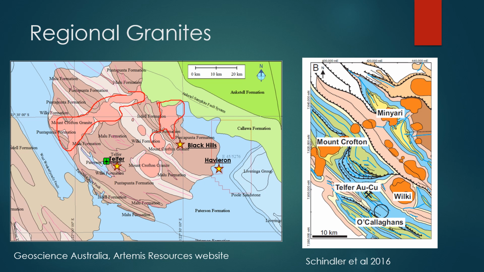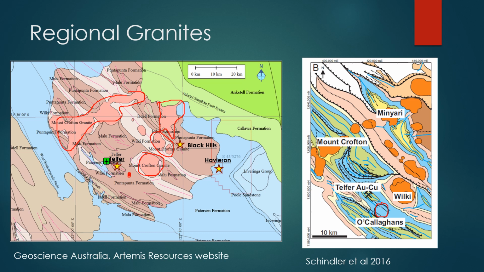It's sometimes referred to as the Mount Crofton Granite Suite, but the reason I prefer O'Callaghan's is because it is the youngest one, and the Mount Crofton tends to be the earliest granites that are more oxidized. The O'Callaghan's is mainly reduced, and I'll get onto what that means in a bit. I've just called it the O'Callaghan's Supersuite, but it is the same thing as saying the Mount Crofton granites.